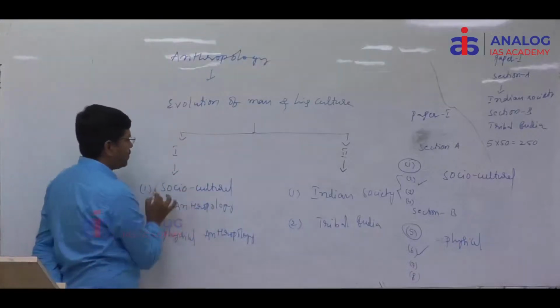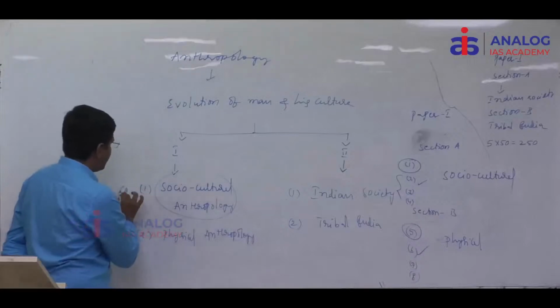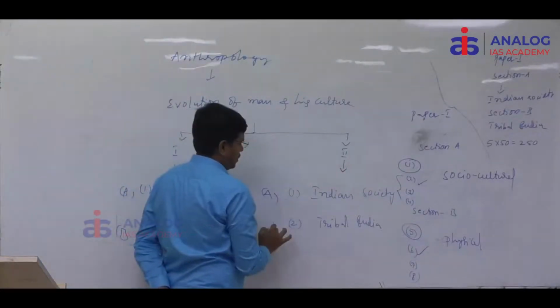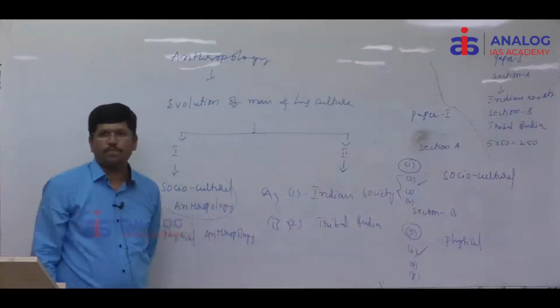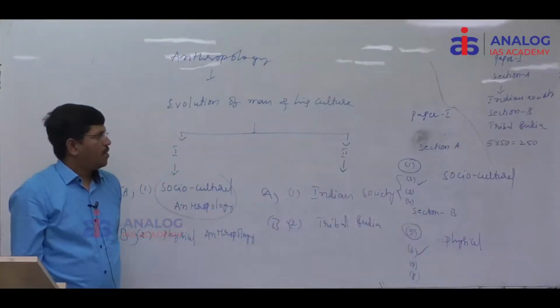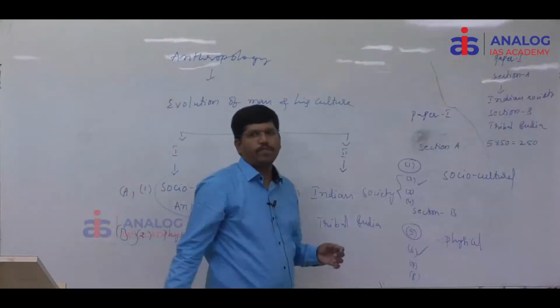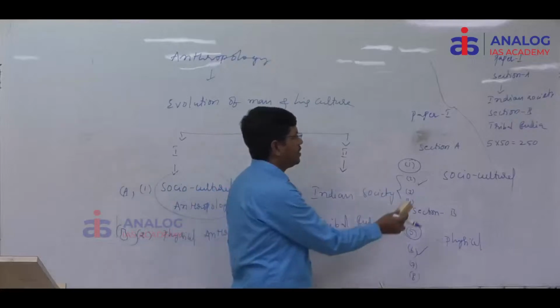That means simply this is paper 1, section A, section B. This is paper 2, section A, section B. Very simple. Is that clear? Okay.